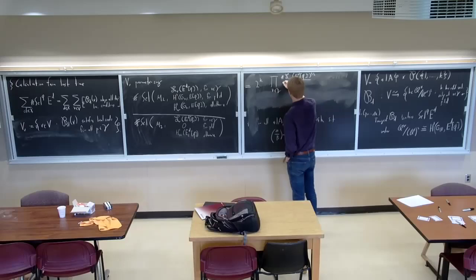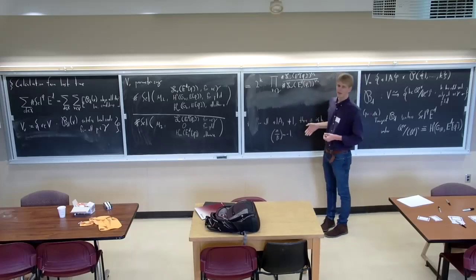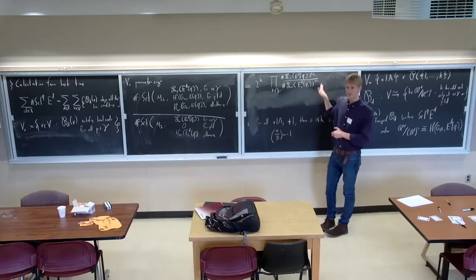1/2 over the size of the local conditions for E naught D phi naught. So this is at least something explicit that we've written down.